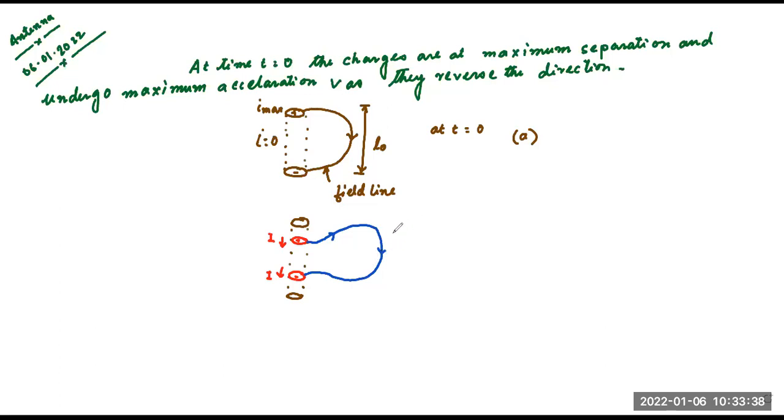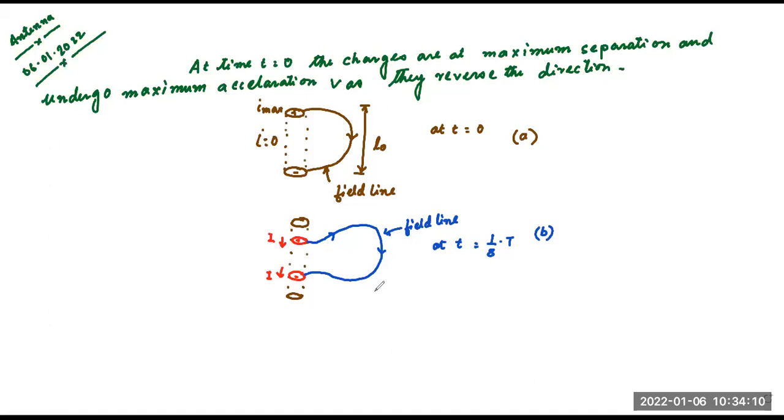So this is the field line now. This is t equals 1/8 of the total time period. This is figure B, the second figure.